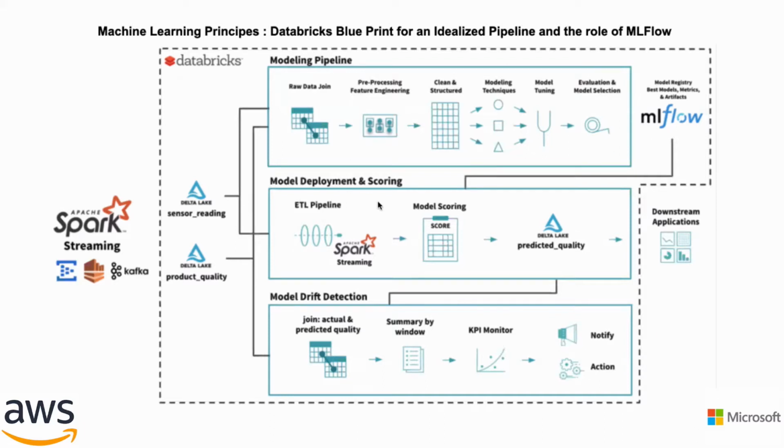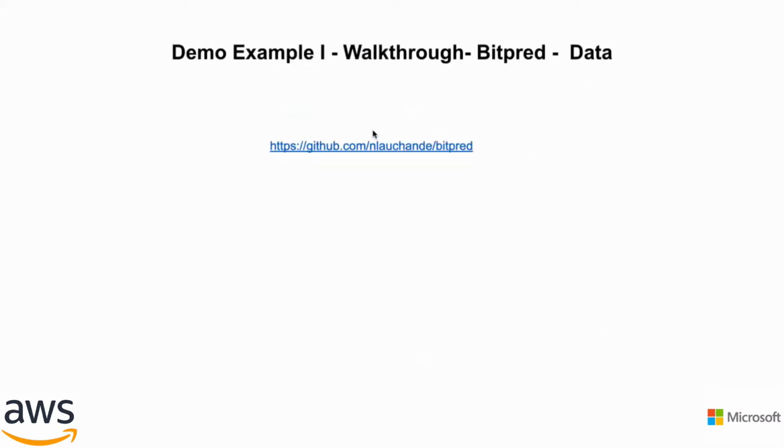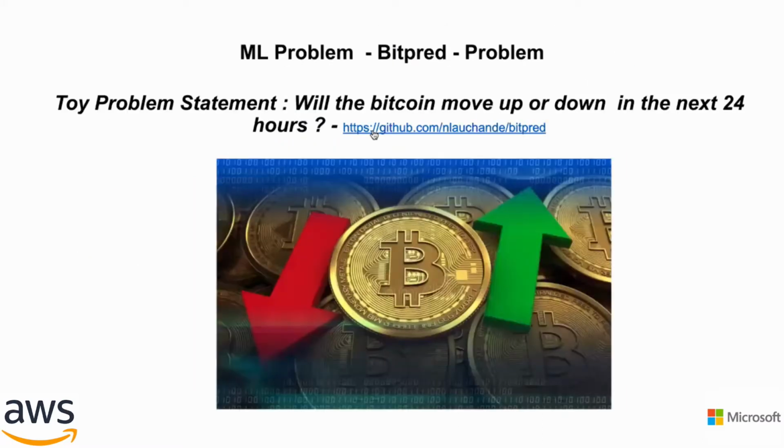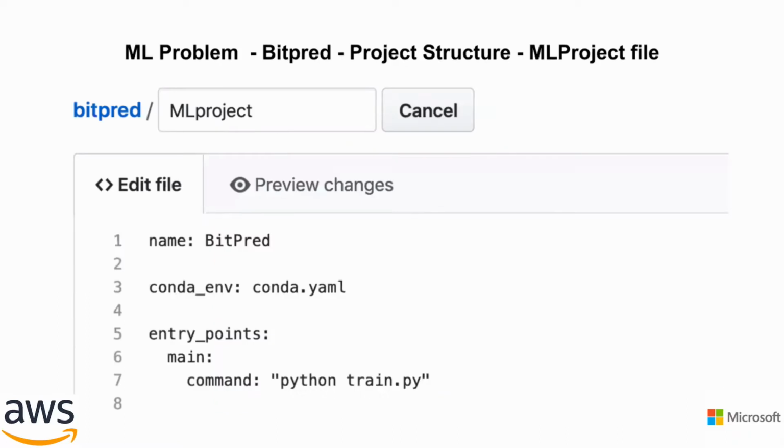So you deploy a model with MLflow, and during scoring you can also send the metrics that you're receiving to MLflow if you want. Cool. And obviously the modeling pipeline is the most important component, and this is an example of an interesting architecture. I'll go quickly to one example I have of what an MLflow project looks like.